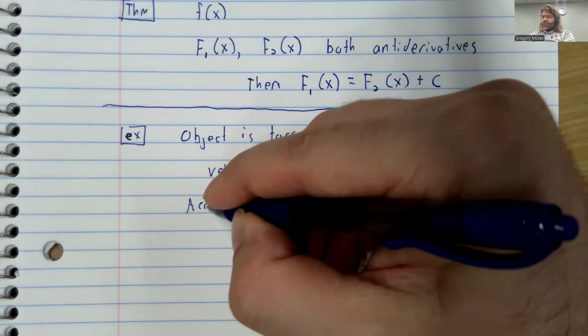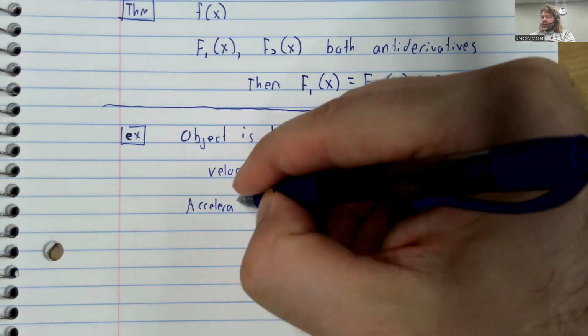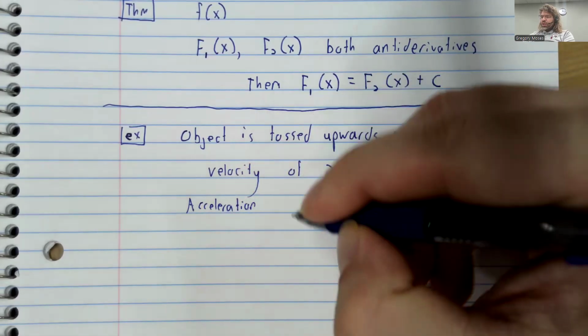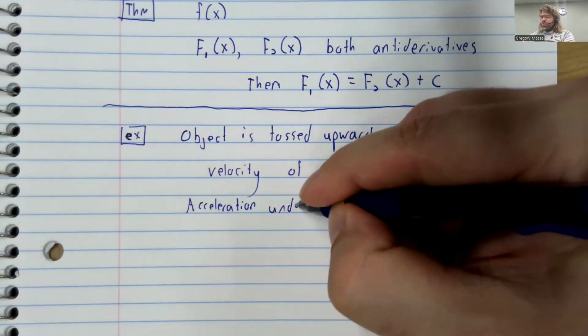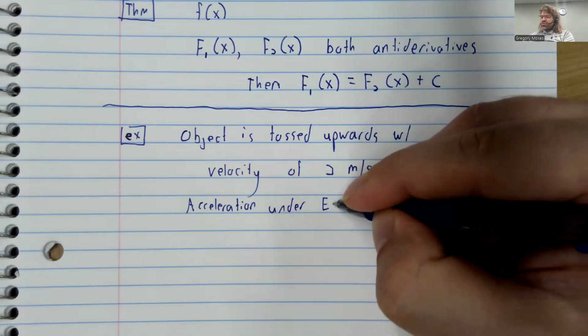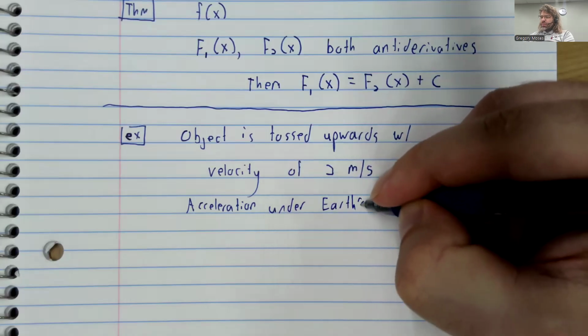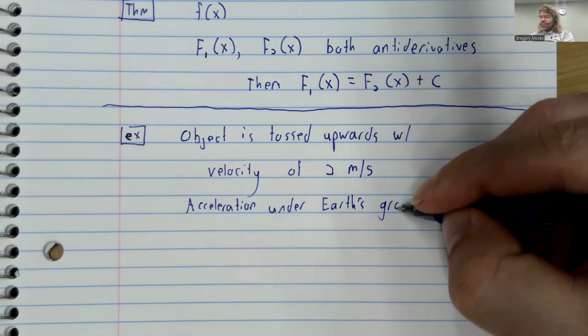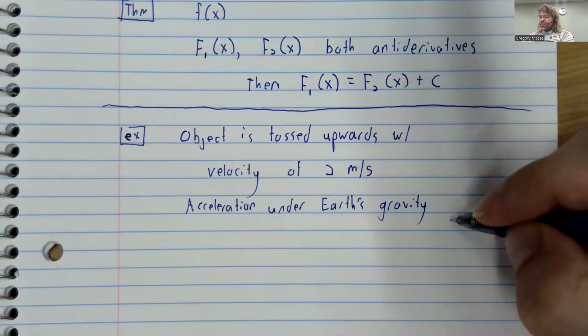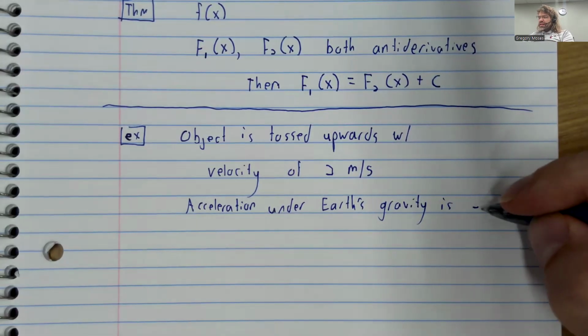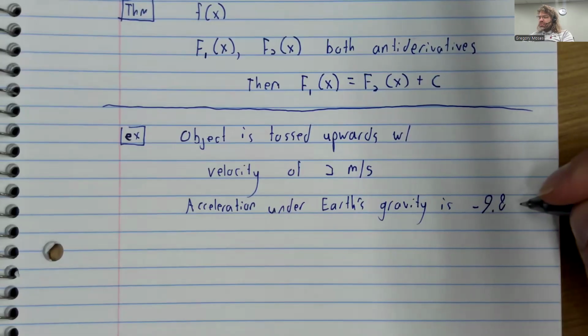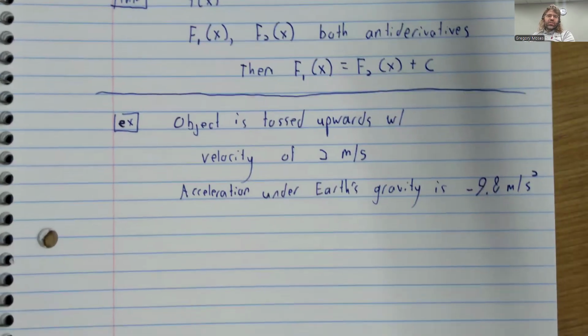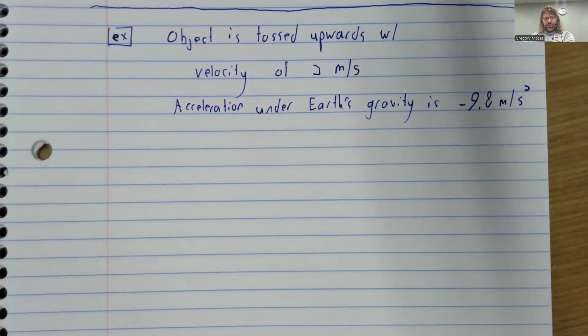Now, acceleration under Earth's gravity is negative 9.8 meters per second squared.